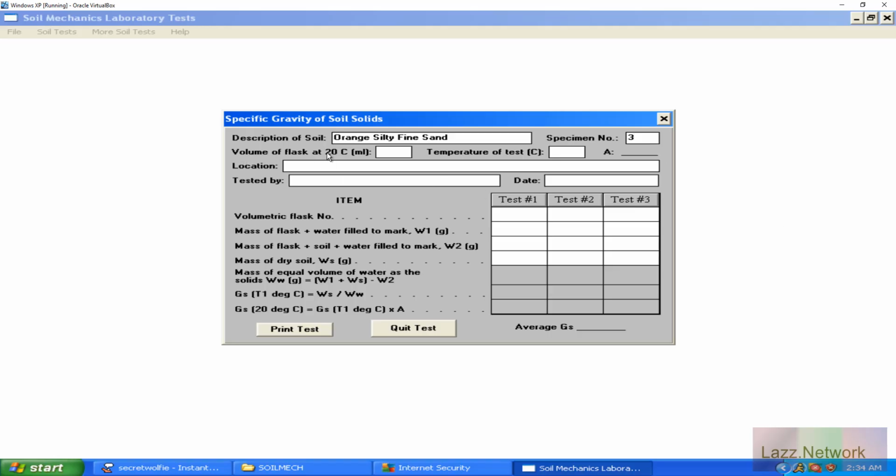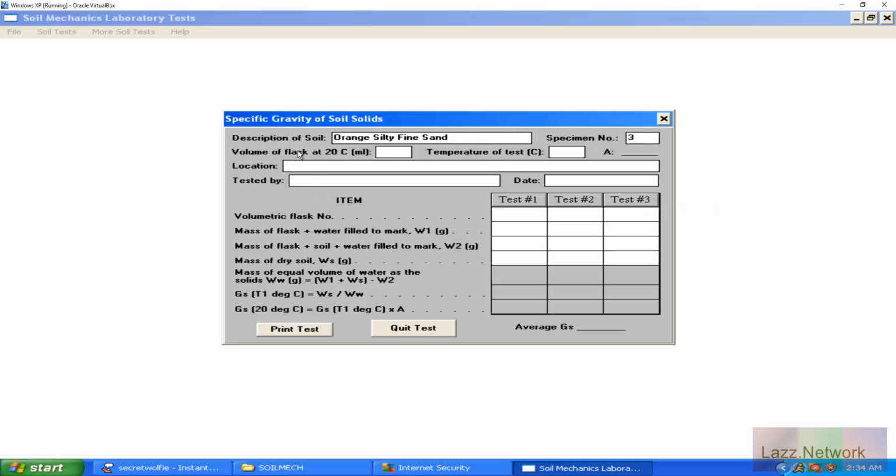Okay, so volume of flask at 20 degrees Celsius in milliliters. That's very interesting, which I guess would make sense. I technically don't have that information for that, but that's interesting.